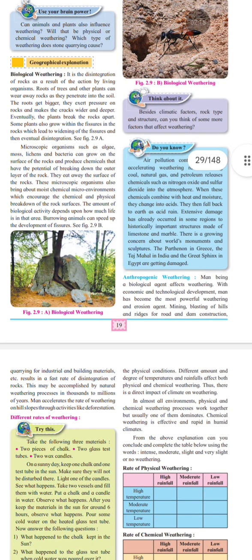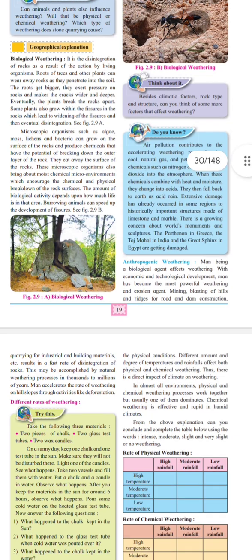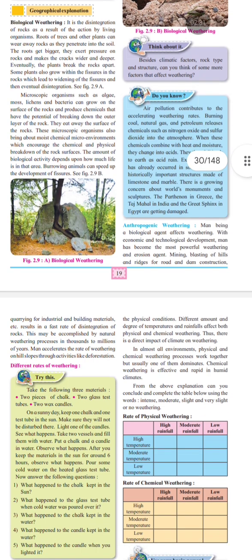Now we will move towards anthropogenic weathering. Anthropogenic means caused by human activities. Today humans have become a powerful agent of weathering because of economic and technological development. We have a short note on this in the exercise, so remember, learn it properly.